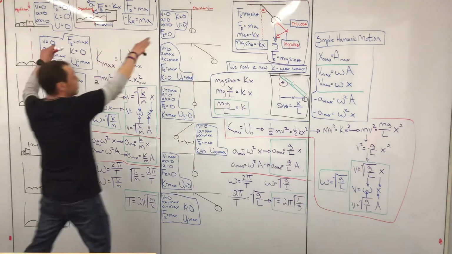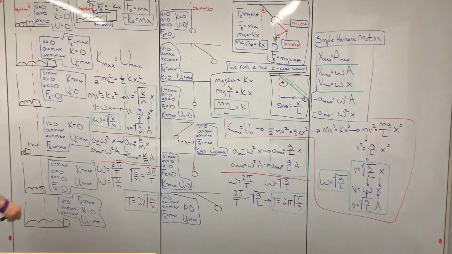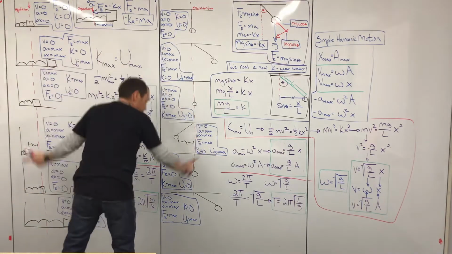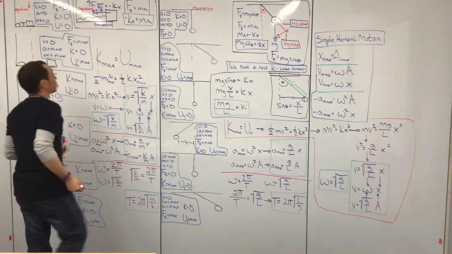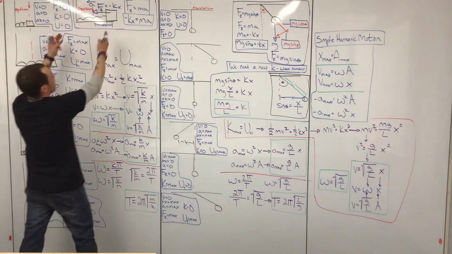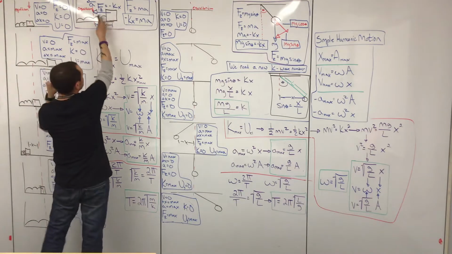Okay, so you want to be able to describe these things in terms of potential energy, but you also can describe them just in terms of force, right? If I wanted to write a free body diagram based off displacement from equilibrium, this is what it would look like.